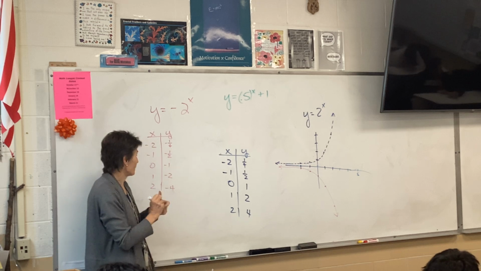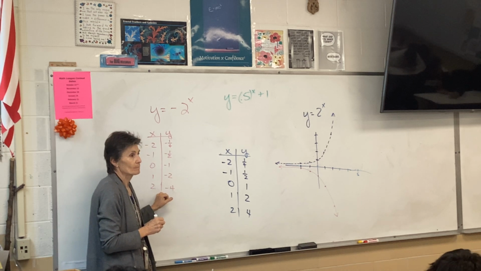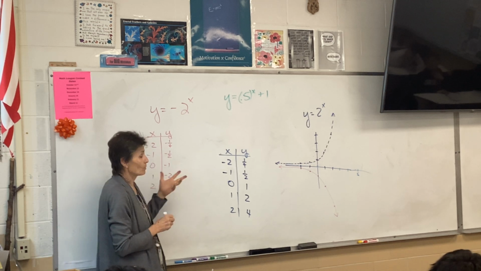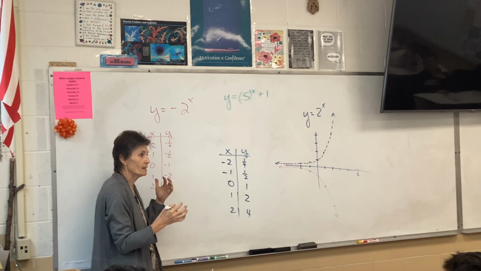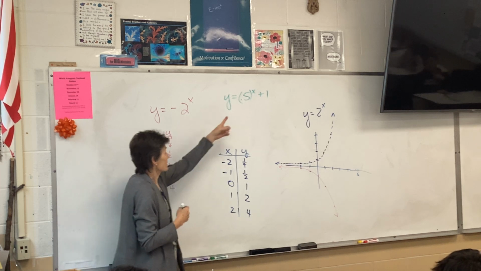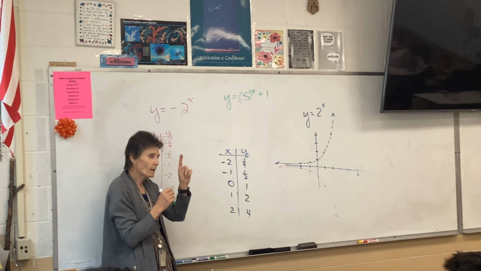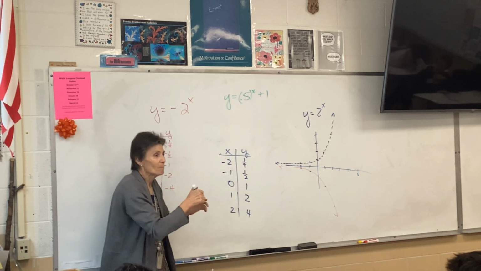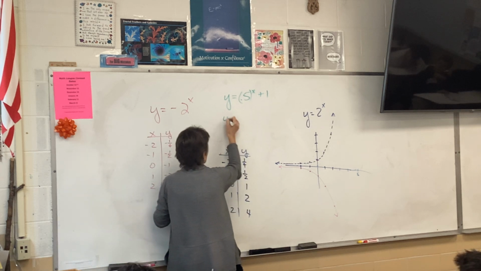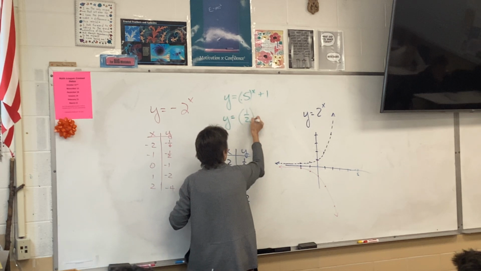Okay? Everybody okay with that pink one? Yeah, that one's kind of easy. The green one now is a little bit weird because that's not a 2. But wait a minute, is it? What is 0.5? You divide by 0.5. Isn't this the same as 1/2 to the x?